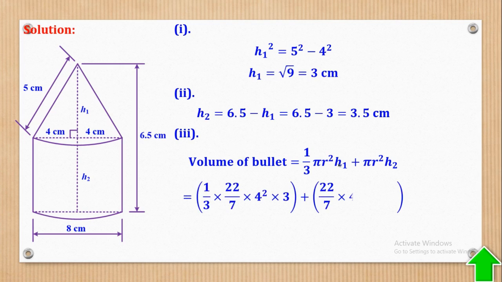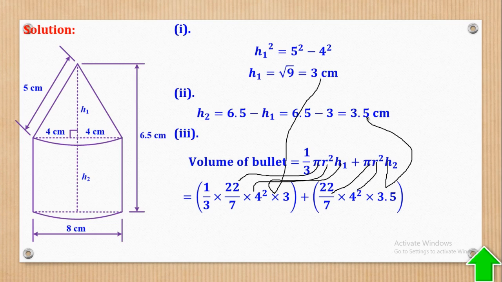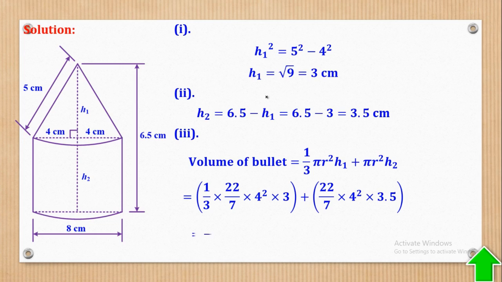Therefore we shall come and substitute. So substituting, pi is 22/7, r is 4 because this was 8, divide by 2 to get 4, h is 3 as it was got here. Then here pi is that, r is 4, h is 3.5 as it was got here. So next is to simplify.